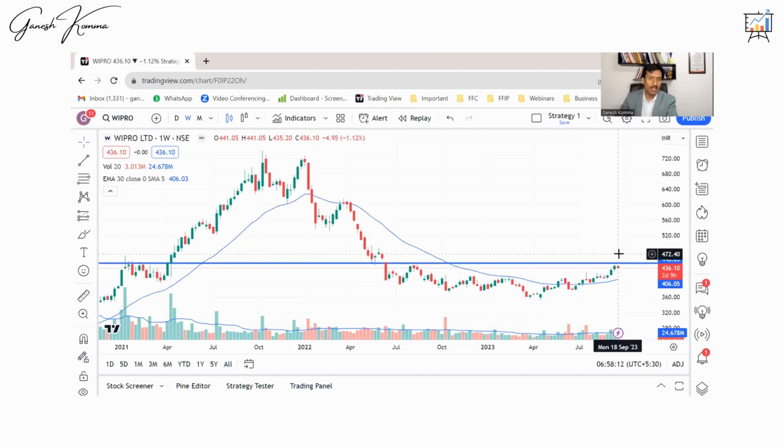Above your 448 levels, once it is breaking out, a very good 1 year breakout, it makes sense to keep observing. And also, it is well above your EMA 30. So it's about how to use the indicators to take advantage of it.